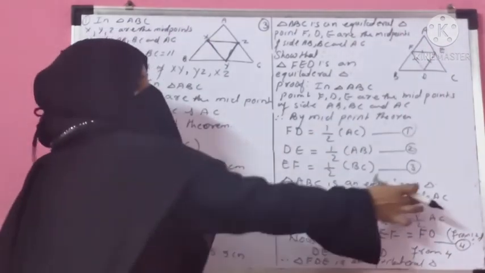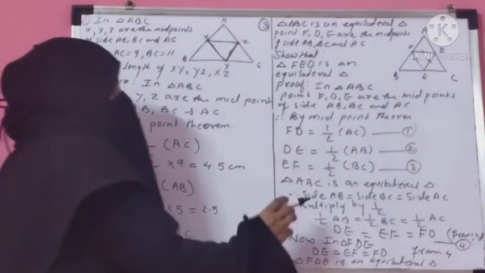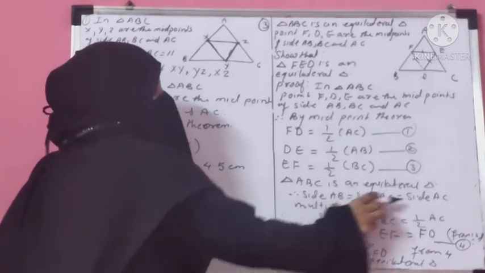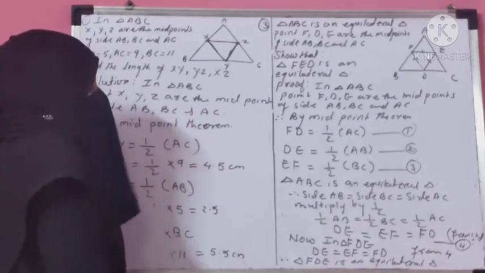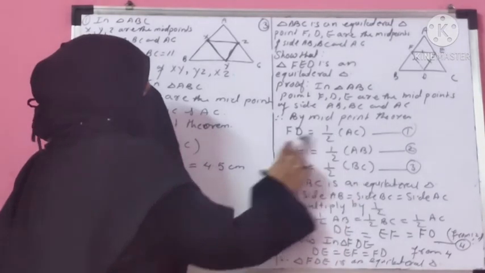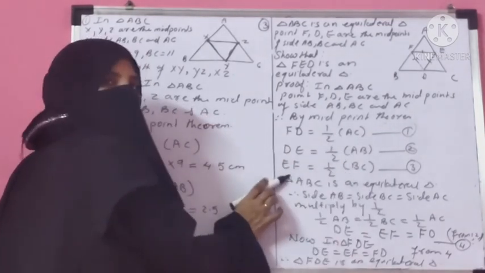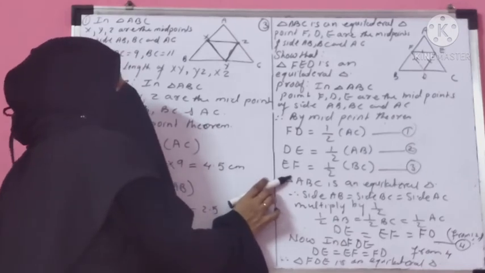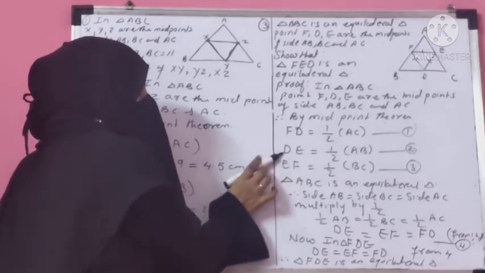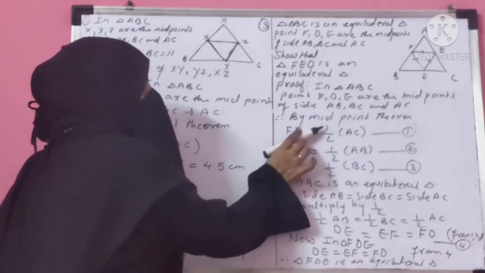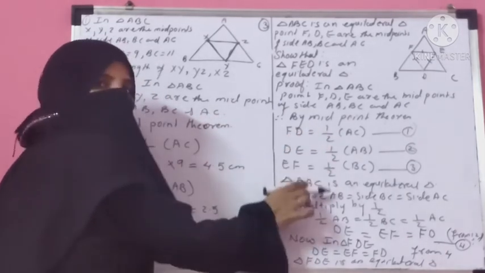Now triangle ABC is an equilateral triangle. So side AB is equal to side BC is equal to side AC. Now half of AC is equal to FD, half of AB is equal to DE and half of BC is equal to EF. That means if you prove FD is equal to DE is equal to EF, you have to prove these three sides are equal.